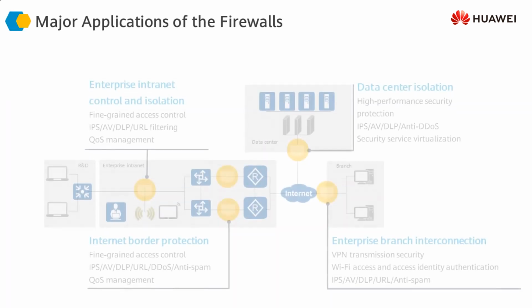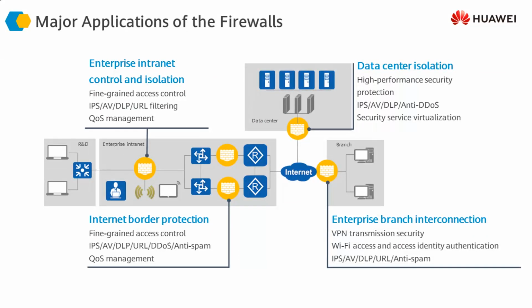So let's take a look at the major applications of firewalls, and this is not only true for firewalls but also the other services which the firewalls might be running, as you know, IPS or anti-DDoS or VPN gateway services. So our firewall could be placed at different parts of our infrastructure or of our network.